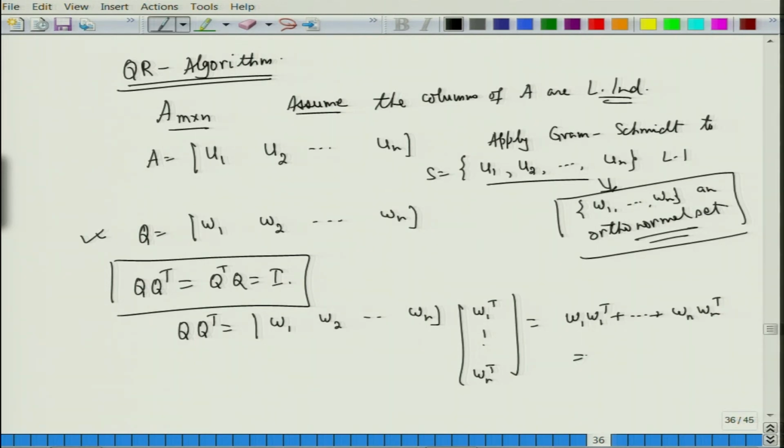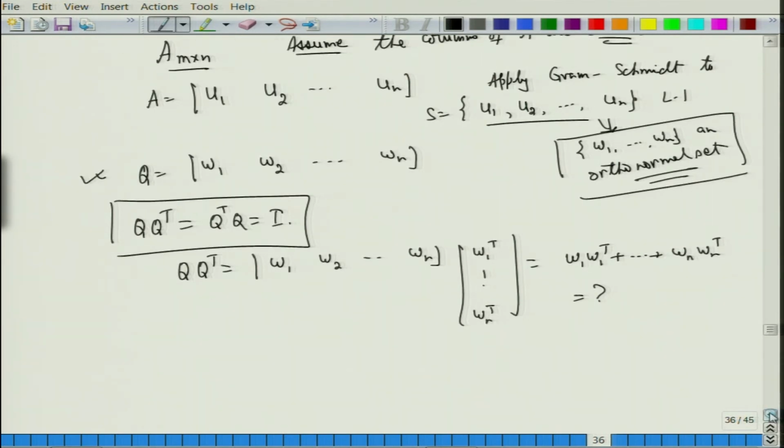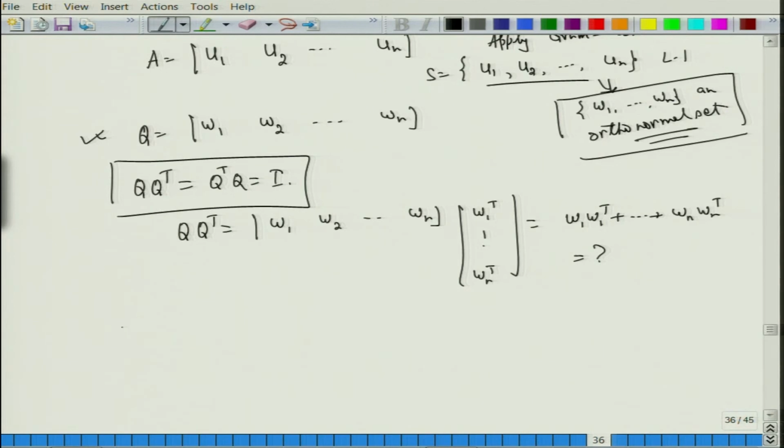I don't know what this is, I cannot make anything head or tail of it at present, fine. But what we can do is look at Q transpose Q. So Q transpose Q will be W1 transpose, W2 transpose, up to Wn transpose, times W1, W2, up to Wn.